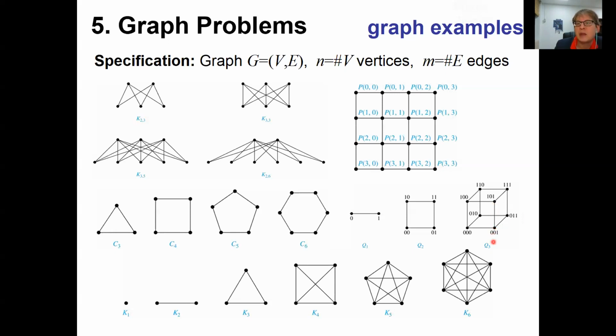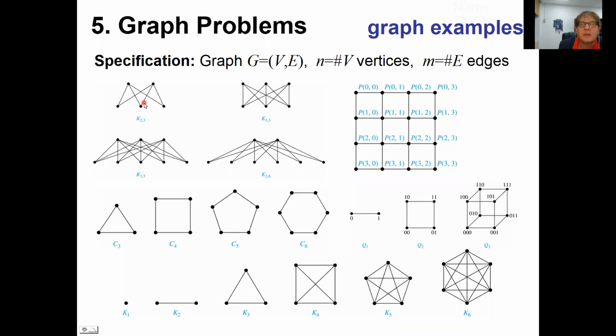These two vertices are labeled 001 and 101. So the bit strings differ in the very first bit, and the other two bits are the same. Since they differ in precisely 1 bit, there is an edge, and this is the edge. So that's a formal mathematical way of capturing the hypercube family of graphs.